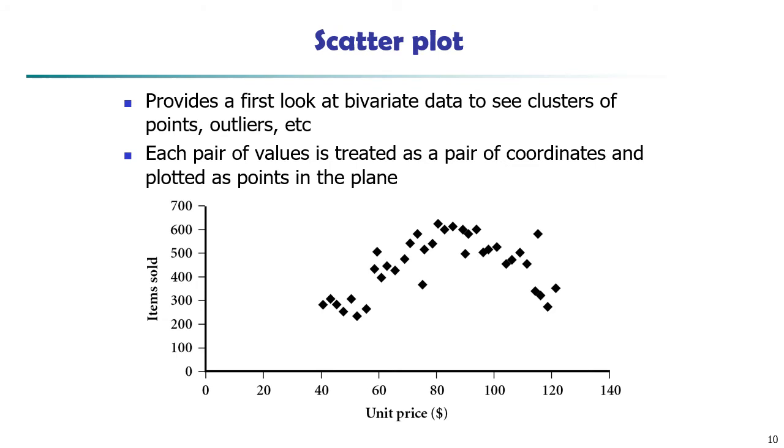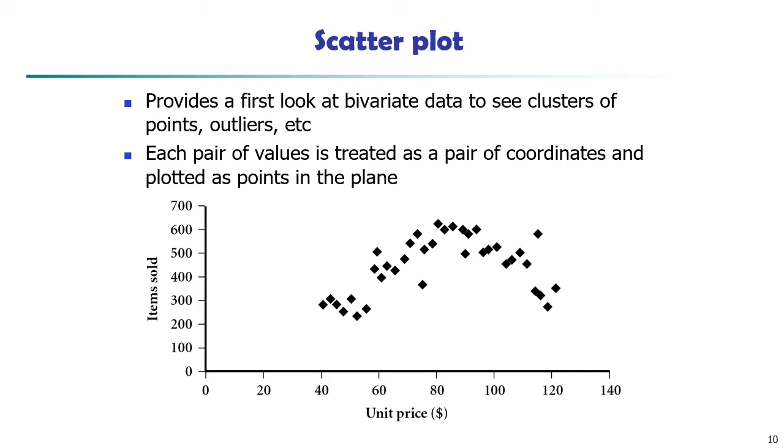Then we'll talk about the scatter plot. It provides a first look at bivariate data to see clusters of points, outliers, etc. Each pair of values is treated as a pair of coordinates and plotted as points in the plane.